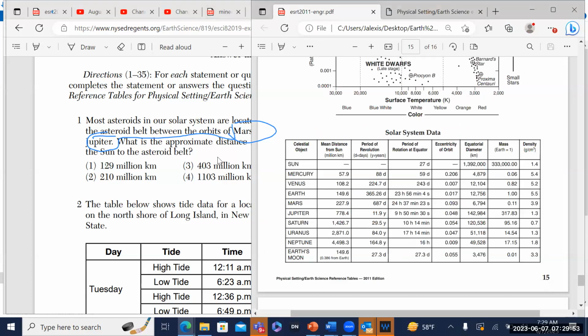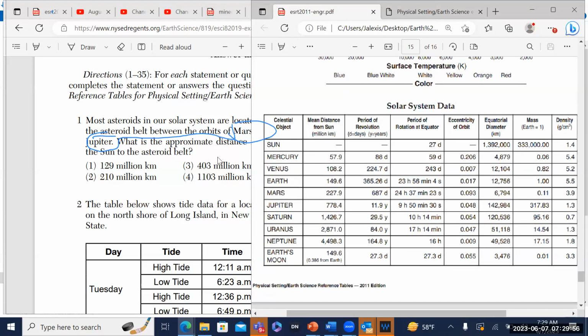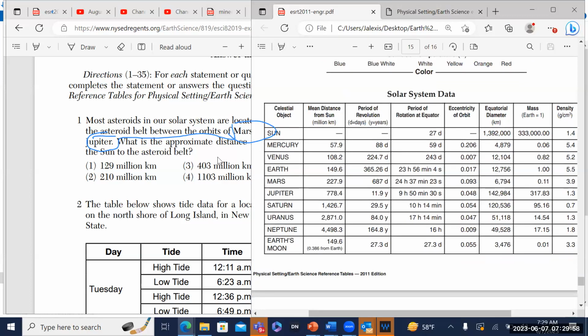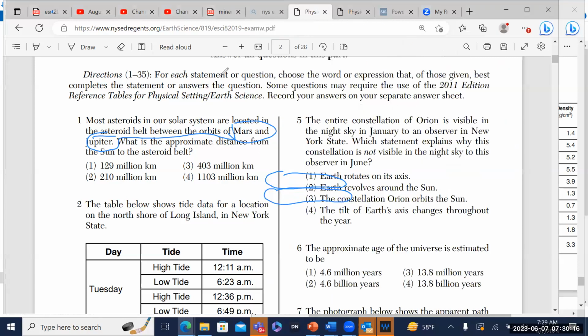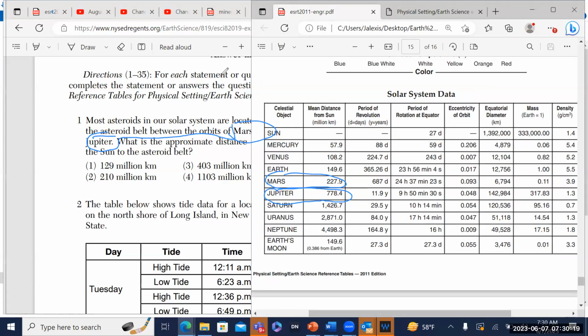If we turn to page 15, we know the distance of Mars from the Sun is 227.9 million kilometers. We know the distance of Jupiter to the Sun is 778.4 million kilometers. So if the asteroid belt is between Mars and Jupiter, then the asteroid belt has to be a number between 227.9 million and 778.4 million.